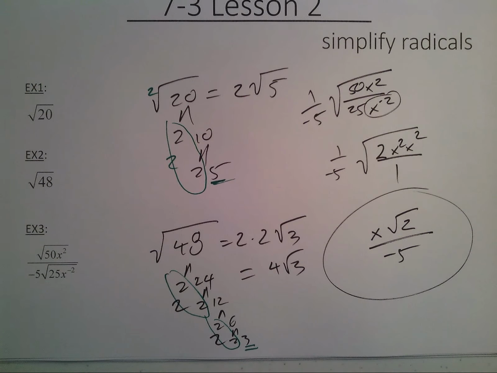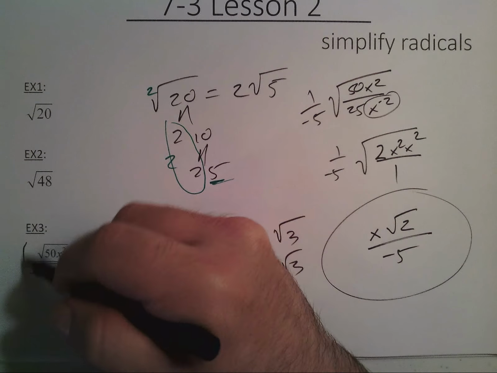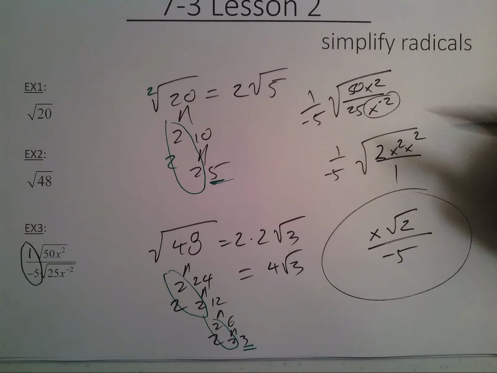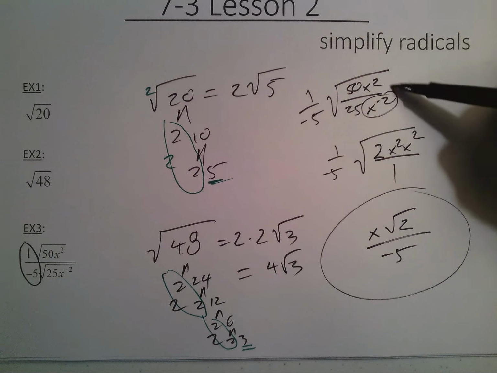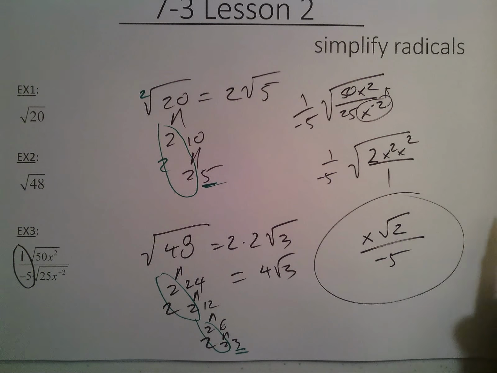Alright, so recapping this one. I recognize that I have two radicals. So what we learned in the last video is I can make one big radical out of it. Over here, I had 1 over negative 5, and I'm just going to leave that on the outside for now. It'll come into play later, but I want to use the radicals first. 25 went into 50 twice, and then x to the negative 2 moved upstairs, and I changed the sign to be positive, so now I had x to the 4th.